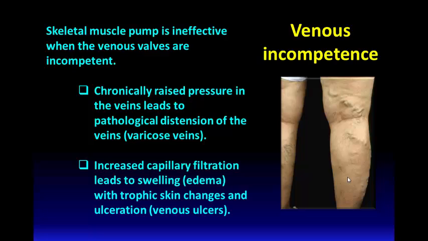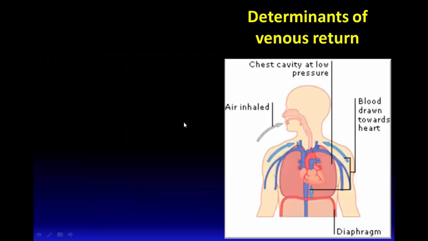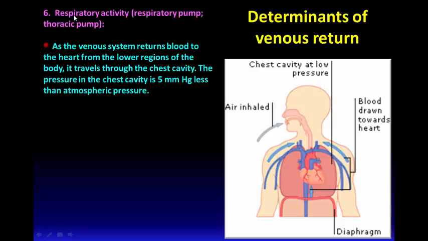The other factor which determines the venous return is the respiratory activity, which is physiologically known as the respiratory pump or the thoracic pump.